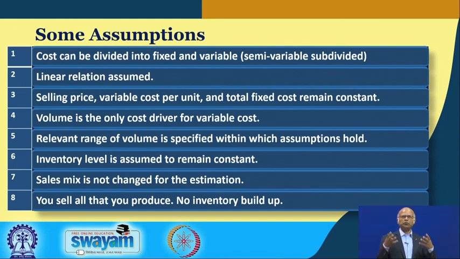Sales mix: suppose you produce 3 or 4 products, and one product is 10% of your sales, another product say 40% of your sales, this is called sales mix. This does not change. If that changes, then the structure changes, because one particular product may have a certain ratio of variable to fixed cost, and another may not have the same ratio. So it may change, but for calculation we presume that sales mix remains constant.